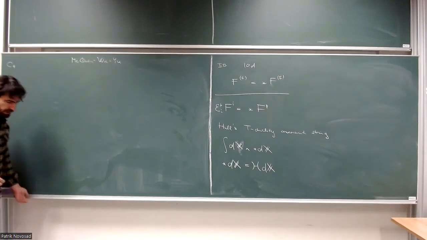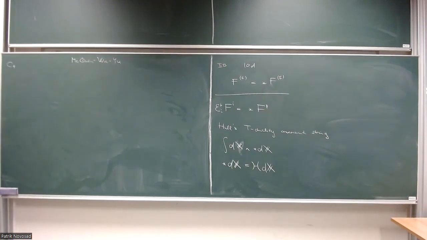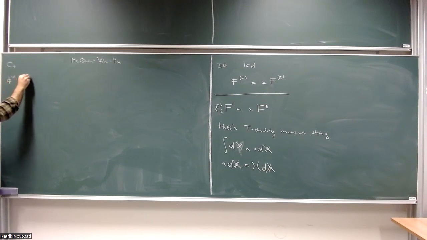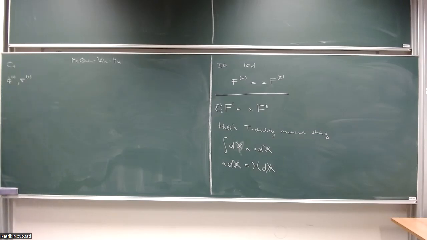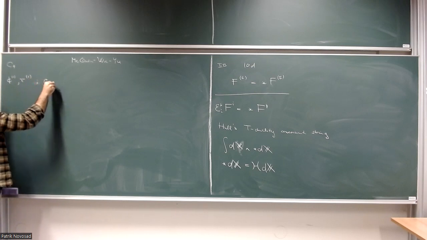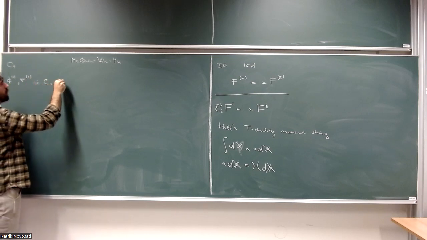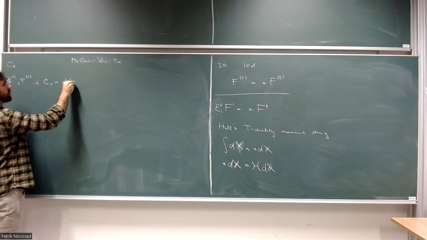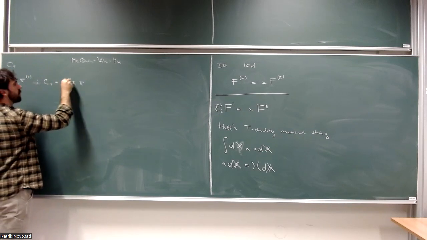Yeah, but here, so what do you do? So I will start with the same pi, and now I'll add an index node. So this is my original field content, and I have this constraint C plus, which is pi prime plus minus pi.